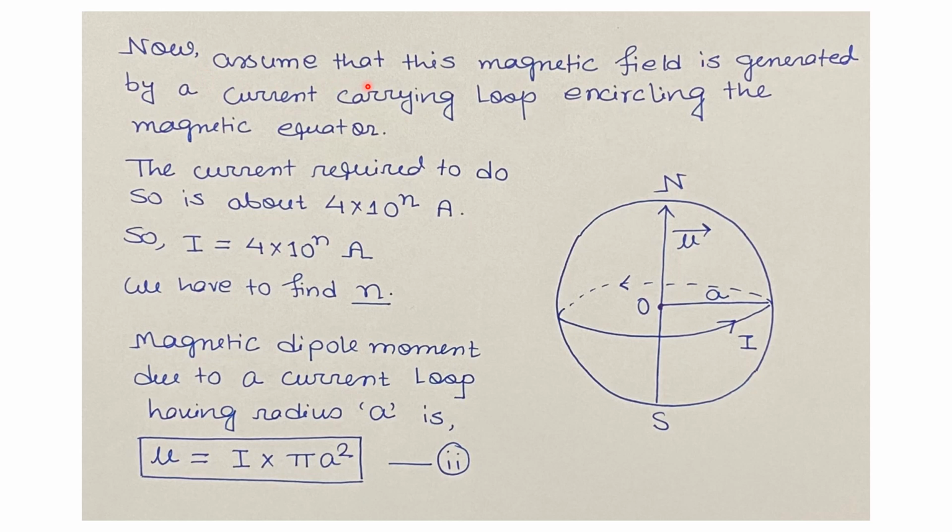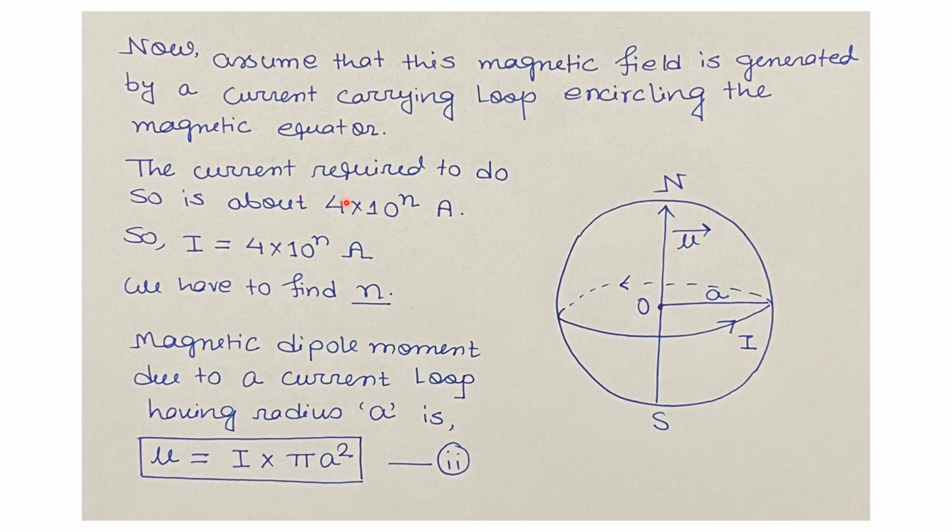Now assume that this magnetic field is generated by a current carrying loop encircling the magnetic equator. In the diagram we can see there is a current carrying loop encircling the magnetic equator of the Earth having radius small a, which is the Earth's radius, and the passing current is I. Due to this current a magnetic field will be generated and the corresponding magnetic dipole moment is mu vector, which is directing towards the north direction.